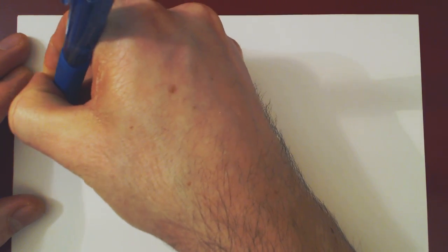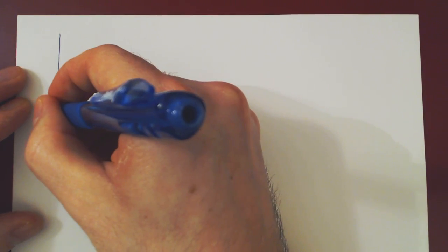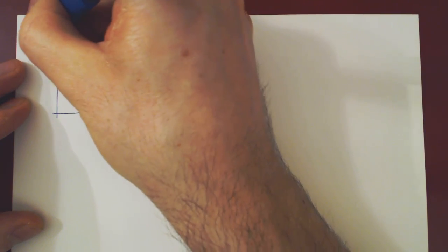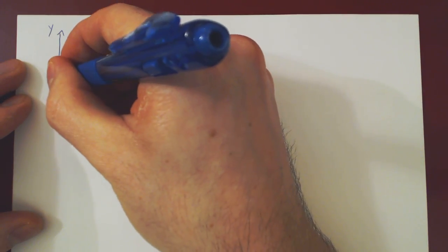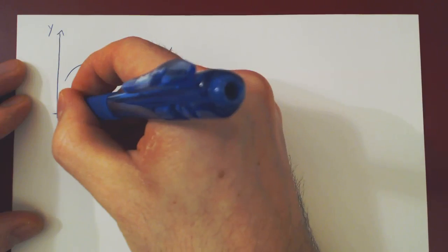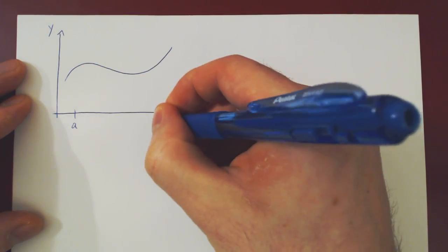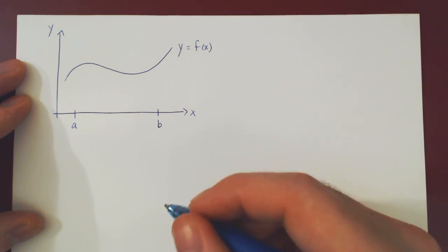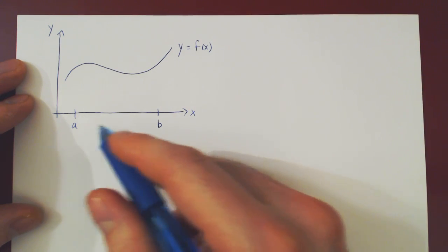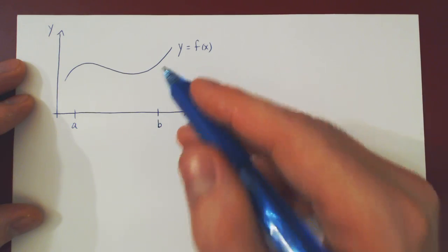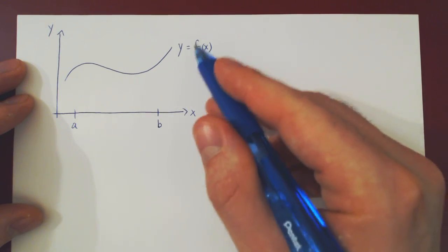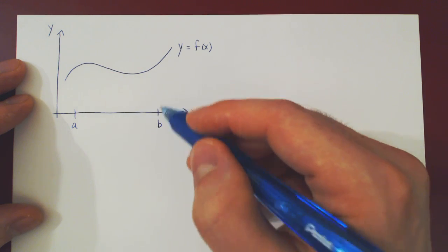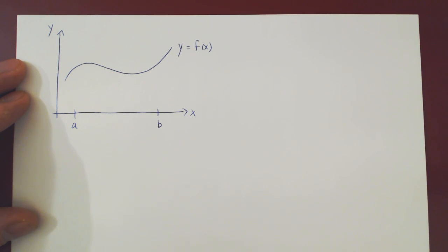The argument is the same if f were negative. And suppose it goes from x equals a to x equals b. Okay, so here from a to b, the function is positive. So when we evaluate the integral of f from a to b, we will get the positive area of this region. Why the notation?